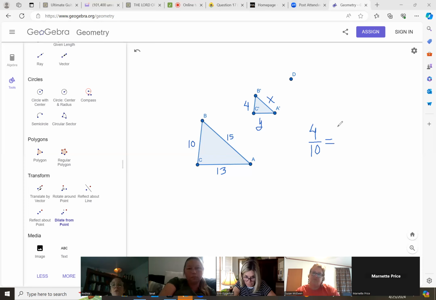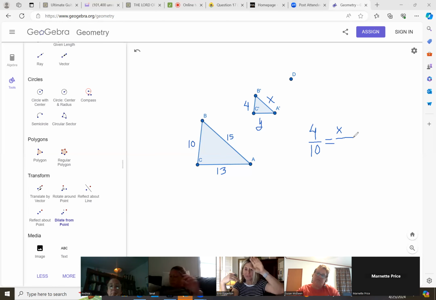Dr. Knapp, what made you know to put the smaller number on top? Because we're moving from a large figure to a small. Well, that would make me think to put the large on top and small on bottom. But if you did that, you'd have a large number on top and a smaller number on bottom, which is greater than 1. It's going to enlarge your picture.